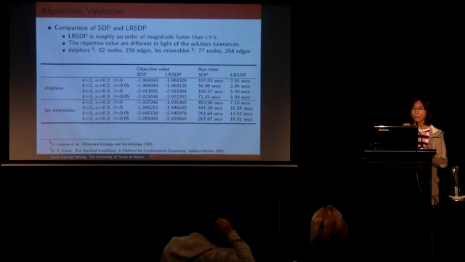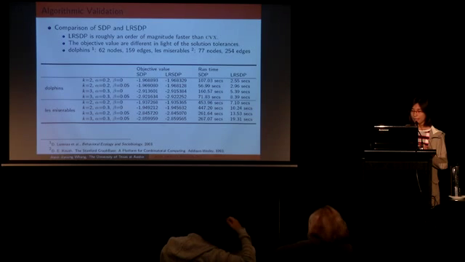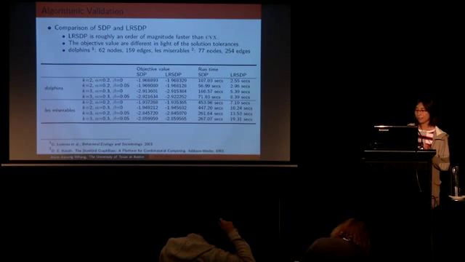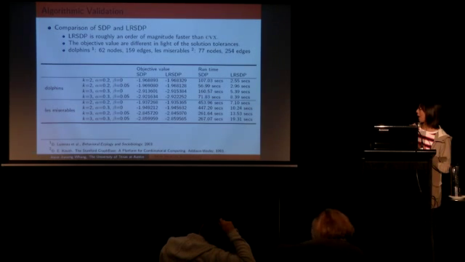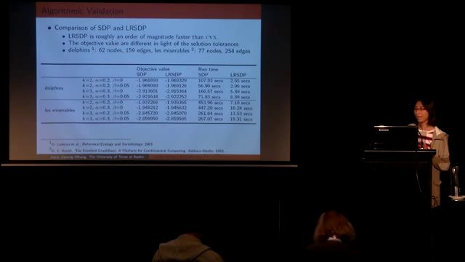Next, we want to show the validation of our LSDP solver. Here we consider two small graph clustering problems, which can be handled by the CVX solver, and we also consider different configurations of the parameters alpha and beta. We compare the runtime of these two methods, and we can see that our LSDP is roughly an order of magnitude faster than CVX.